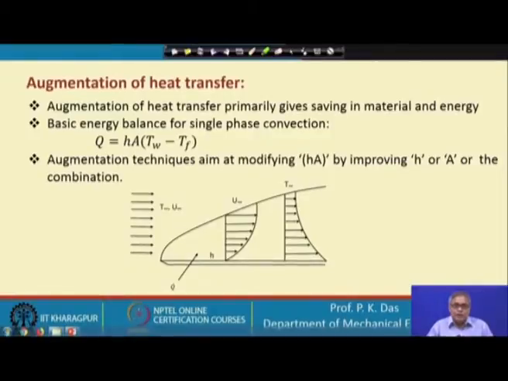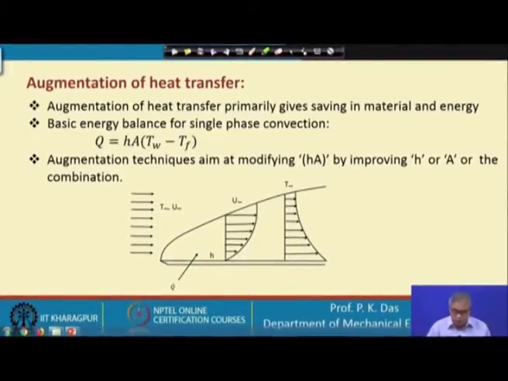So, when we are going for augmentation of heat transfer, particularly when we have a single phase fluid and the mode of heat transfer is convection between the wall and the fluid stream, then we have to concentrate on H A, either separately or as a combination. So, augmentation techniques aim at modifying H A by improving H or A.